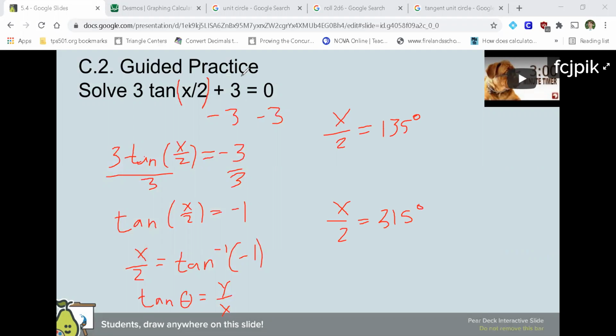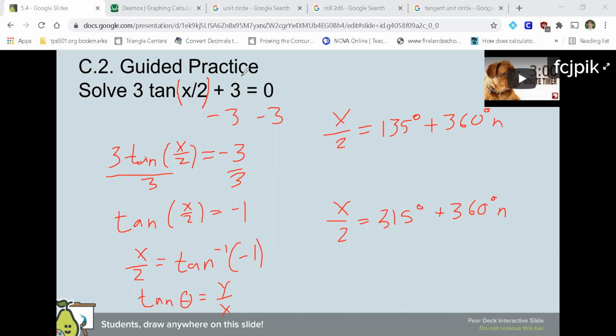And then Jacob, this is the new thing today. What do I do next? That's a good question. Do I multiply by 2 or do I write the general solution first? Well, I think you write the general. They're right. So I have to do the plus 360n first.